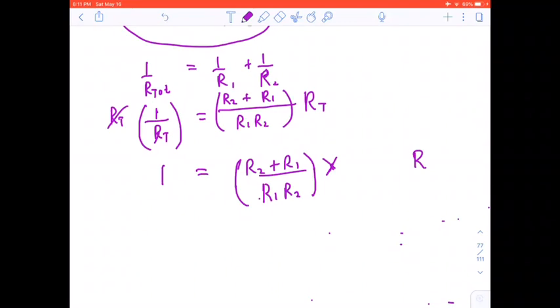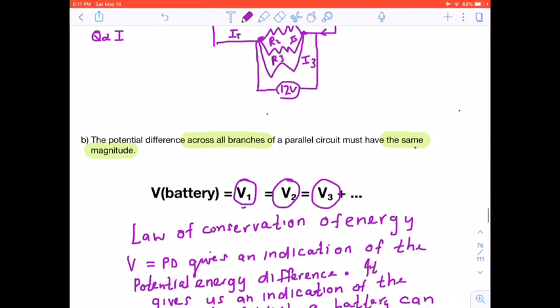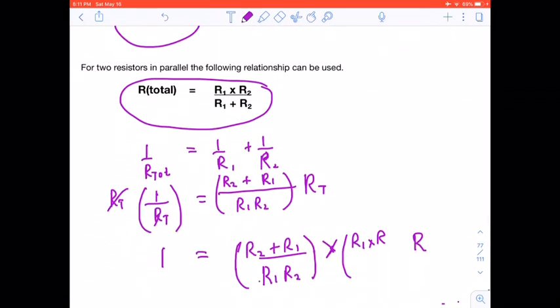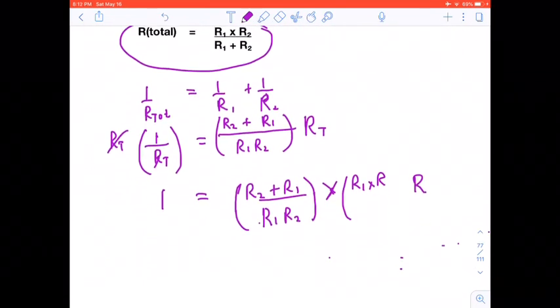What I'm going to do is multiply this by R1 times R2, and we know there's RT, and this is R2 plus R1.